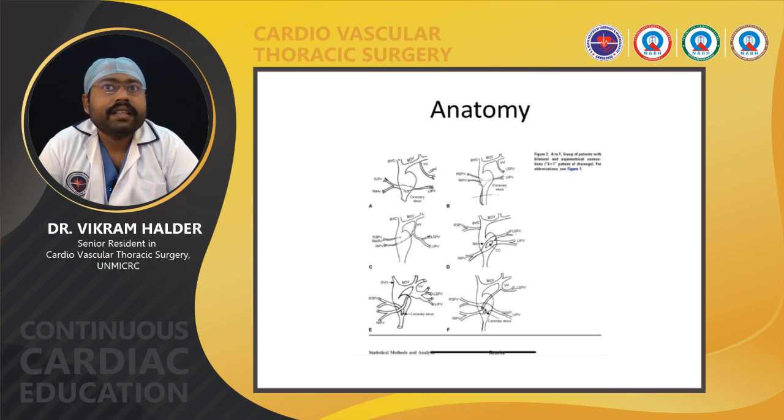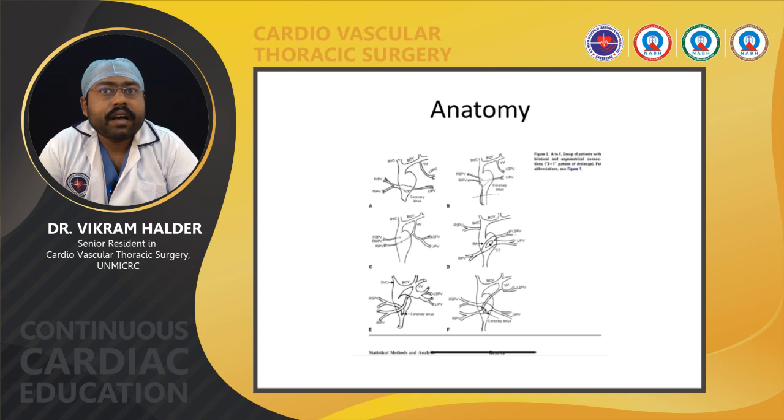In another type, the right upper, right lower and left lower pulmonary veins are draining into the SVC RA junction, and the left upper pulmonary vein is draining into the innominate vein. In another type, the right lower, left upper and left lower pulmonary veins are draining into the innominate vein, and the right upper pulmonary vein is draining into the SVC RA junction.